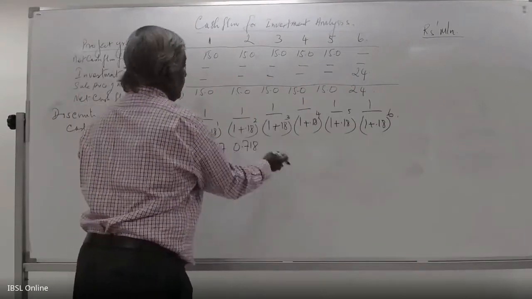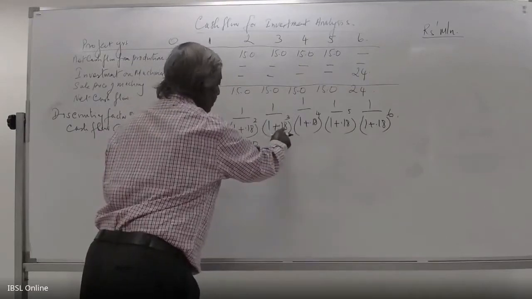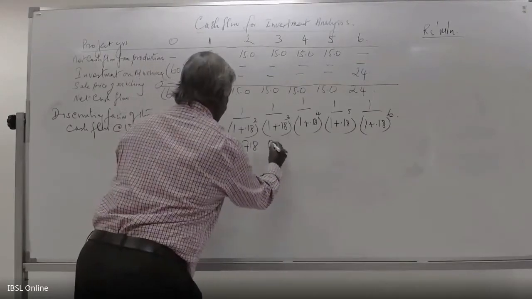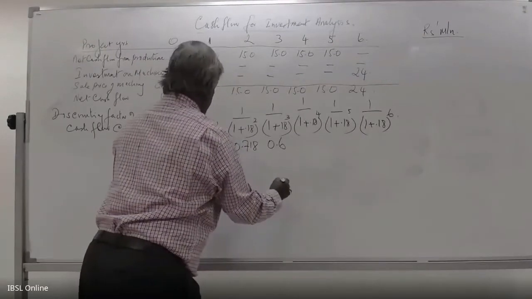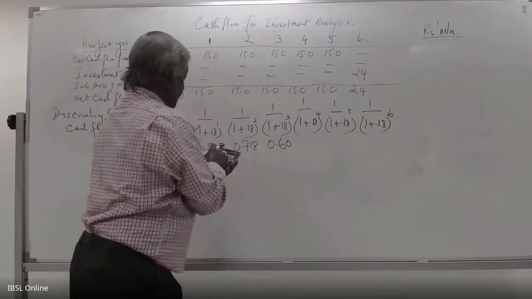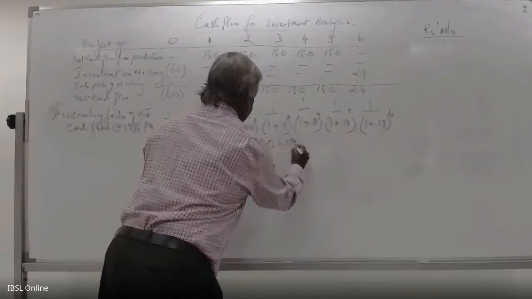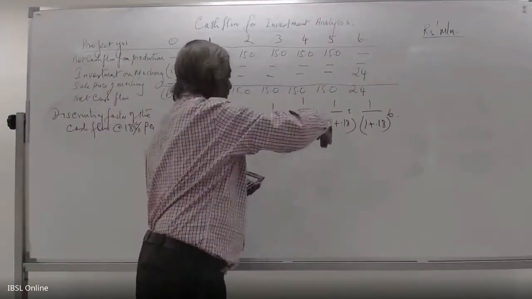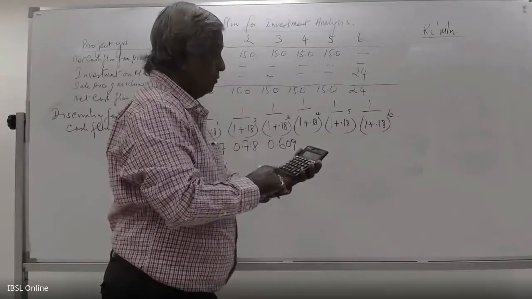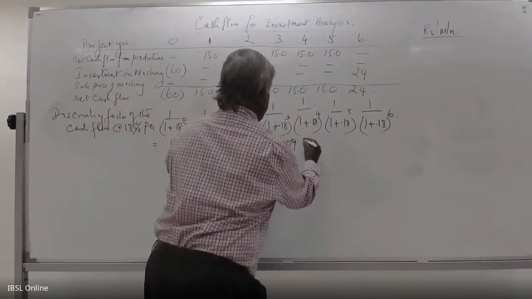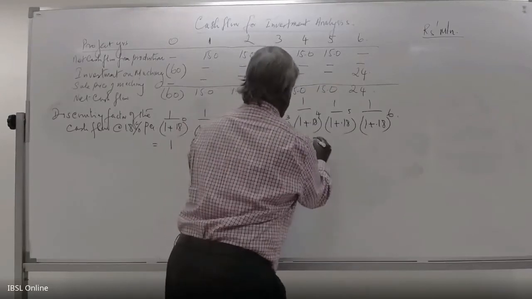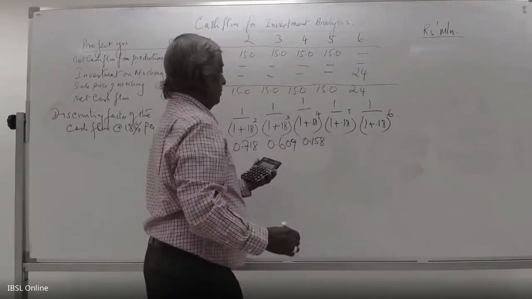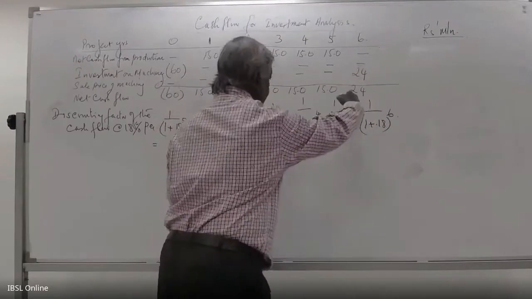So this answer should be divided again by 1 plus 0.18. Equal sign. 0.609. So this answer should be again divided by 1.18. I press equal sign. 0.158 displayed here, this answer should be again divided by 1.18.